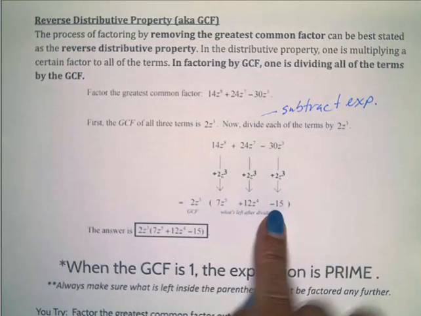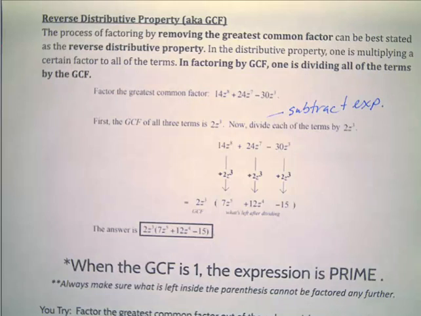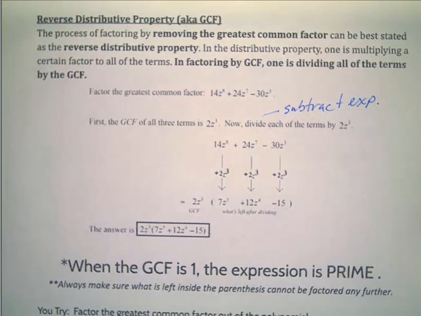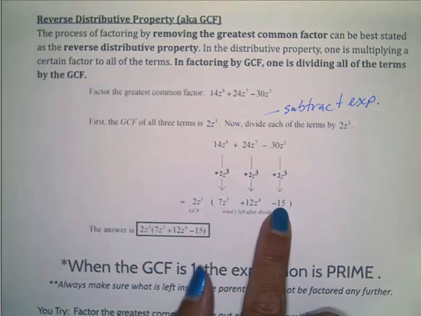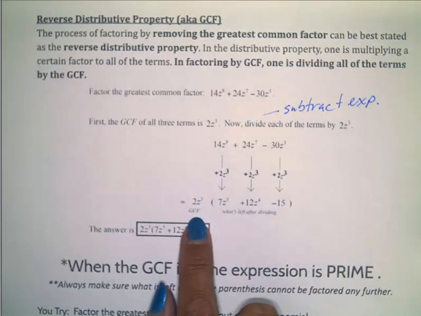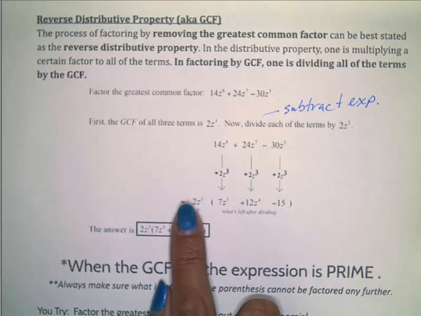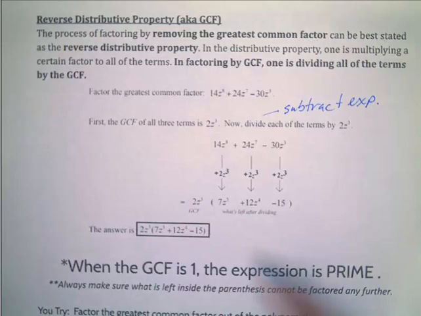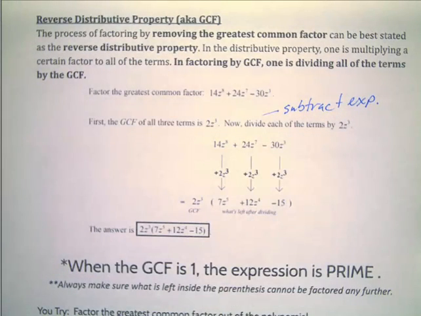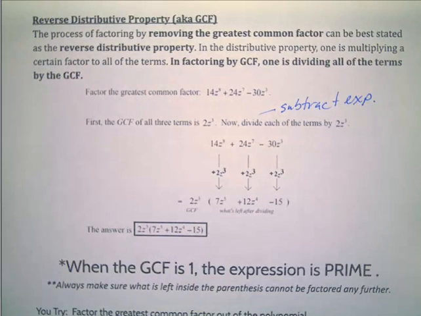The biggest mistake people make with the greatest common factor is they give me the answer. They forget to put the greatest common factor in front. If you don't put it there, it is not correct. The idea with factoring is to write an equivalent expression in factored form, okay?